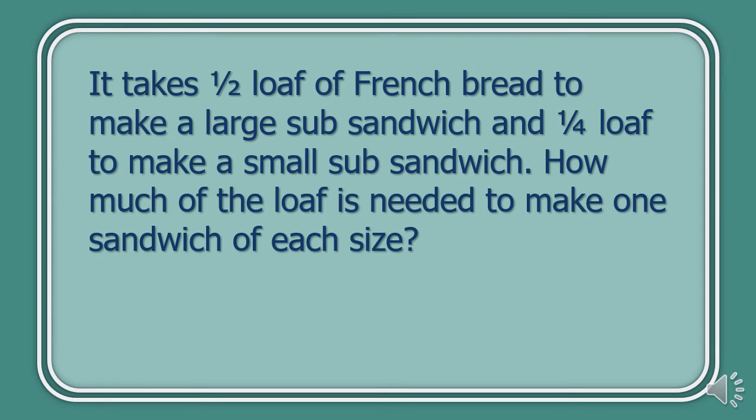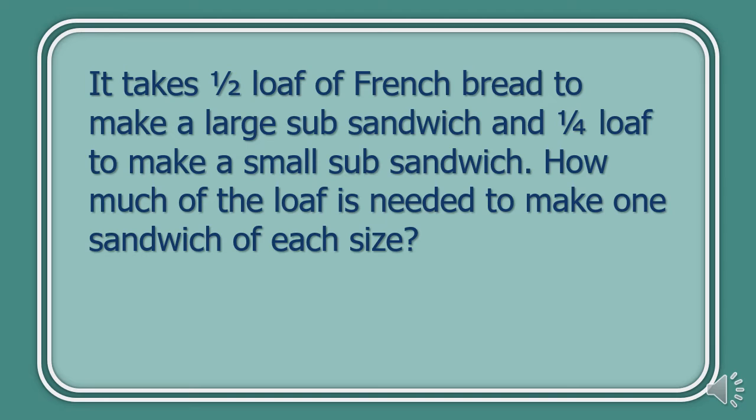But let's take a look at a problem like this. It takes 1/2 loaf of French bread to make a large sub sandwich, and 1/4 loaf to make a small sub sandwich. How much of the loaf is needed to make one sandwich of each size? Well, we want one large and one small. One large is 1/2 loaf, and one small is 1/4 loaf.